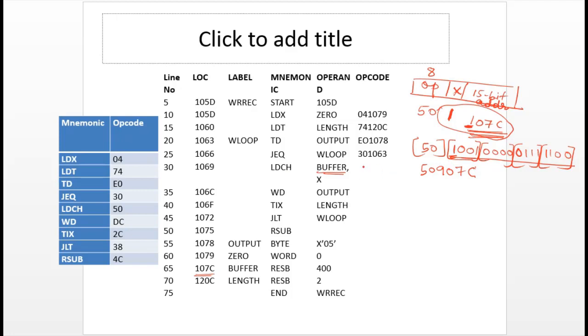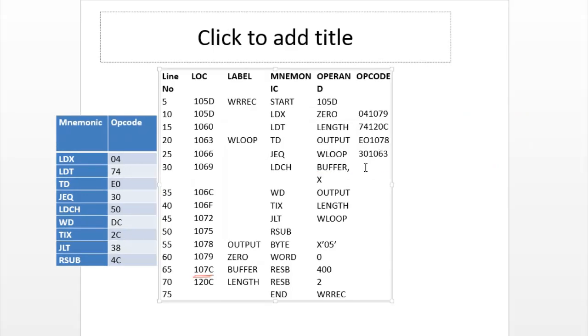So what is the object code corresponding to this? LDCH is 50 and 9 followed by buffer, we can find at address 107C. I have combined it with the index bit in the instruction.